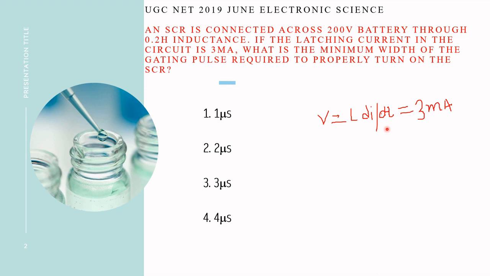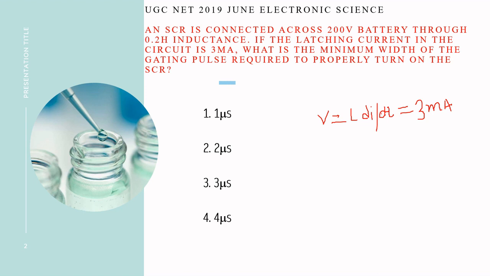This value is equal to the latching current 3 milliampere, which is also given in the question paper. Then di dt times t is equal to latching current. Then this t value is the minimum width of the gating pulse required to properly turn on the SCR. This t is the minimum pulse requirement. Okay. So now we get the solution.